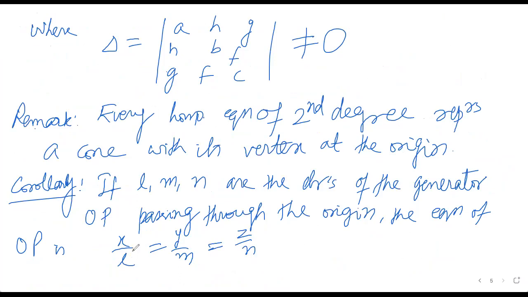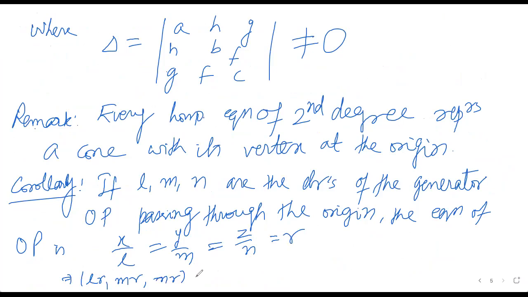So you can write it. Now if any point satisfies this, equating it to R, this means x is equal to LR, y is equal to MR and z is equal to NR.